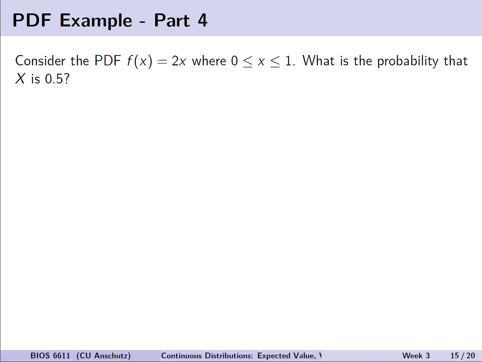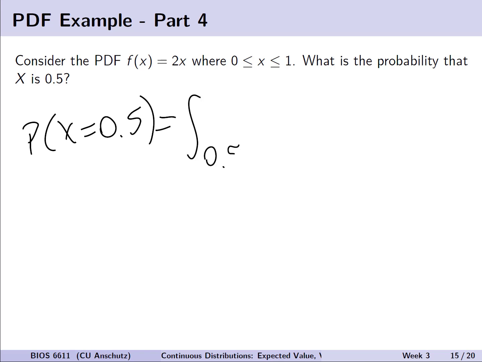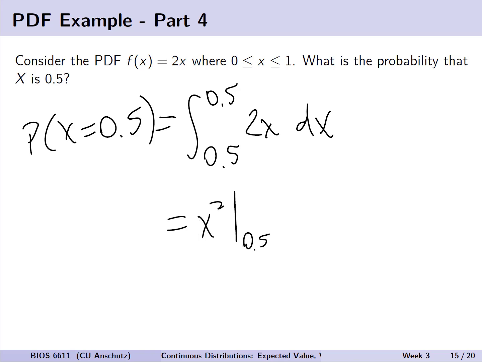Another way we can prove this is by writing the calculus out. If we want to know the probability that x equals exactly 0.5, this is equivalent to writing our integral from 0.5 up to 0.5 of 2x dx. If we finish this out just for completeness, we're really just subtracting the number from itself.